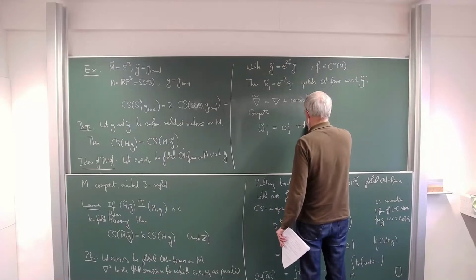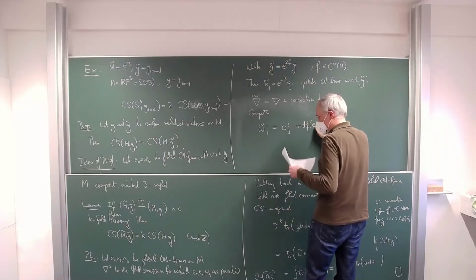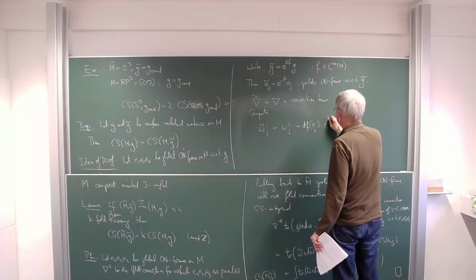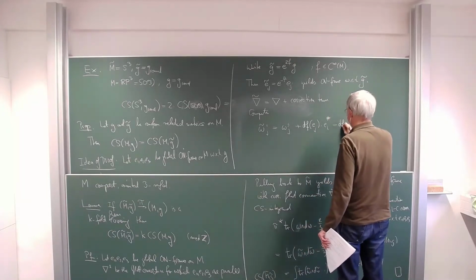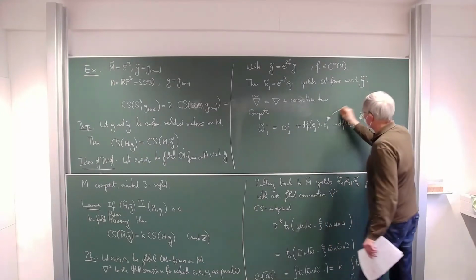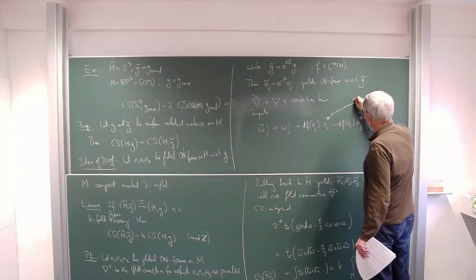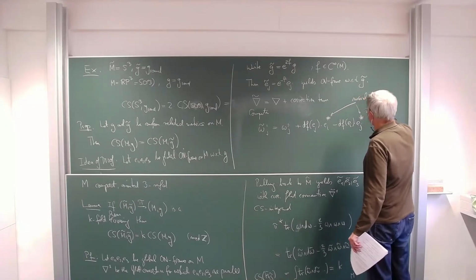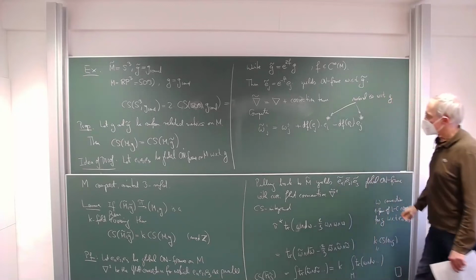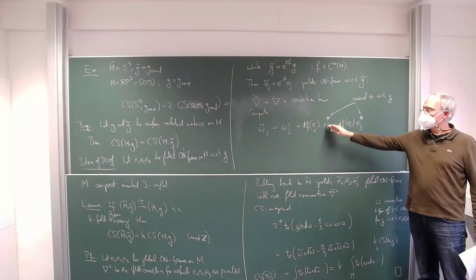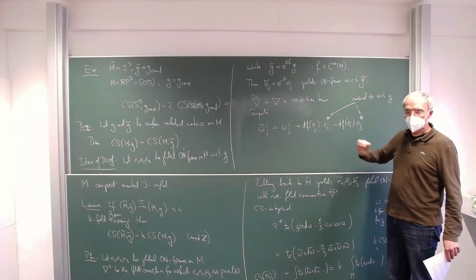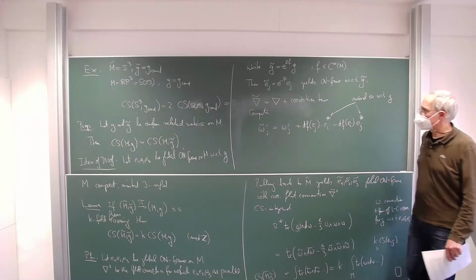So this is df applied to Ej times Ei sharp minus df applied to Ei times Ej sharp, where the sharp means the musical isomorphism for the metric G. The Ei are vector fields and the Ei sharps are one-forms, so that's a function times a one-form.